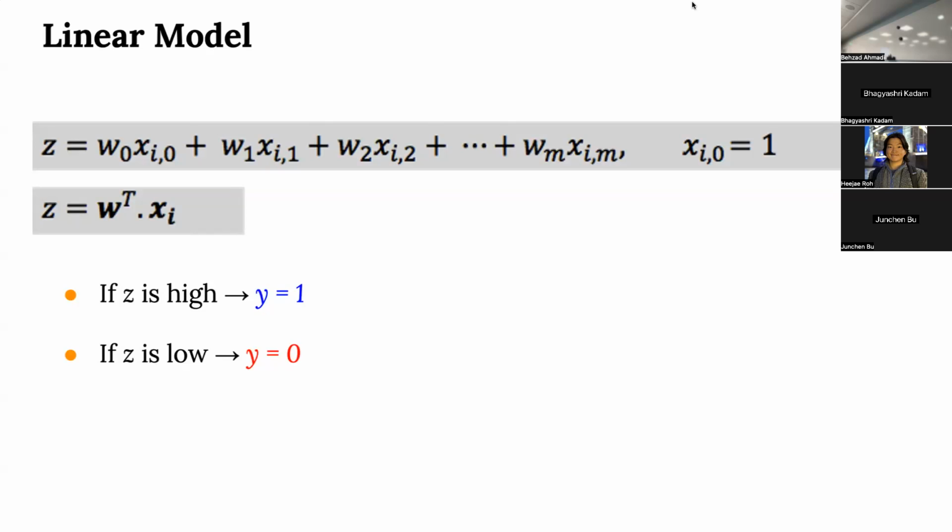You have M features, and that gives you a Z. The question is, how do we get from Z, which is a continuous number, to a 0 or 1? A simple way is, if Z is very high, Y is 1. If Z is very low, Y is 0. But it's still not very exact.